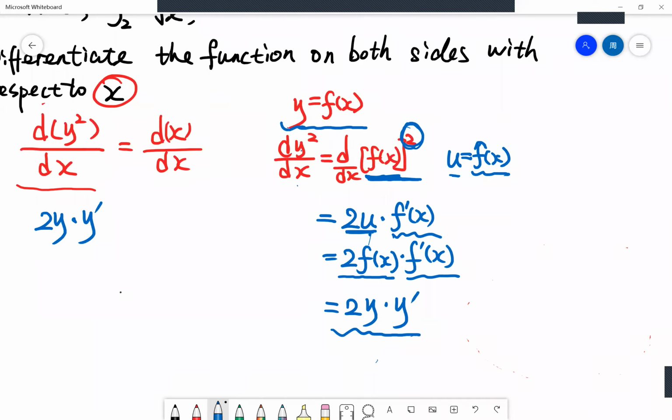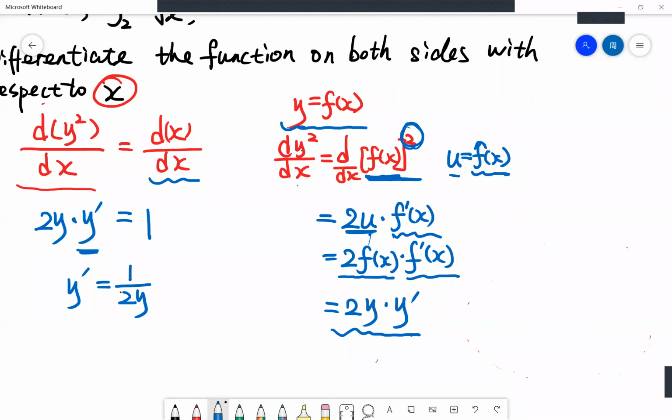So here you just remember that y is a function of x. If you want to calculate the derivative of y squared, don't forget to multiply by the inside function's derivative, that is y prime. And the right side is dx by dx, so 1. So you will find that y prime equals 1 by 2y.